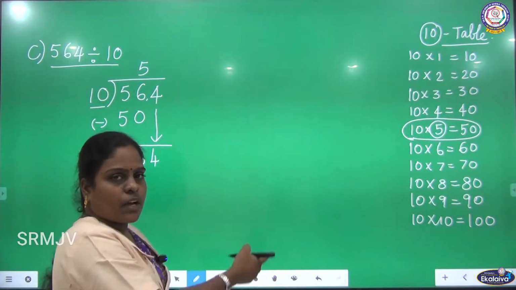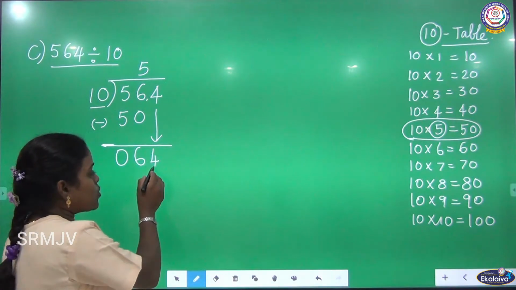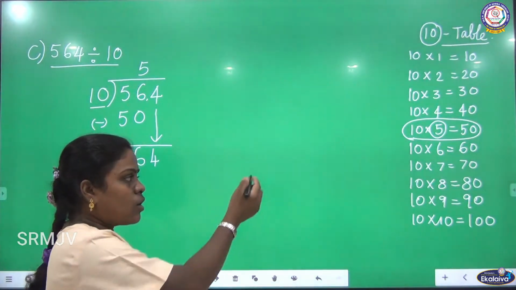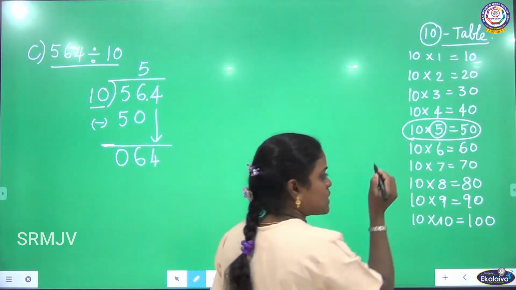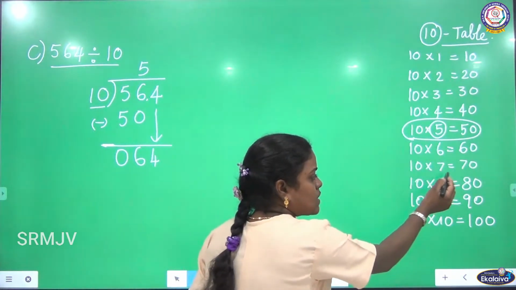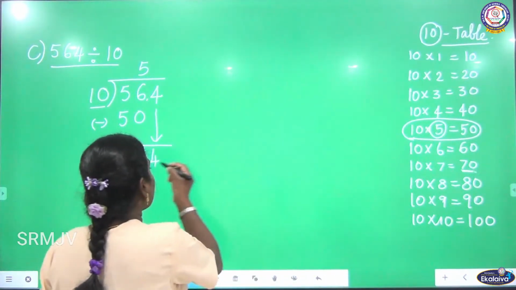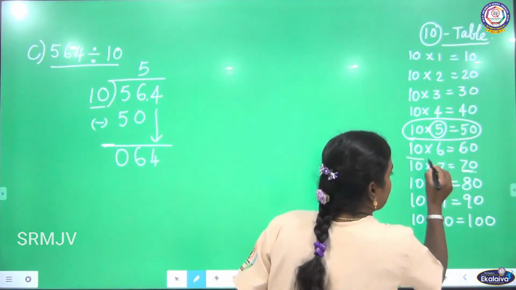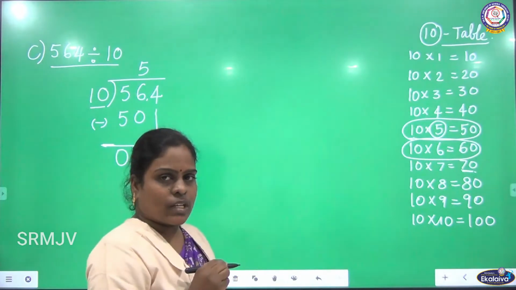Now again we are going to check in the 10th table. So we have to choose 64 or below the number. Look at the table. 10 6s are 60 and 10 7s are 70. Here the product is bigger than the dividend. So we are going to choose the one before. 10 6s are 60.